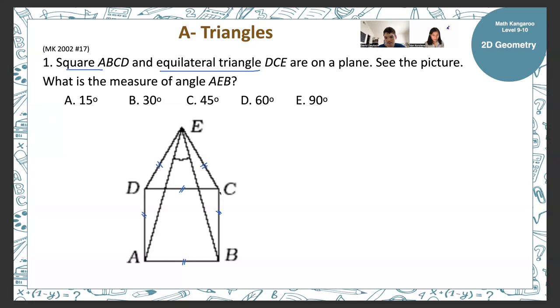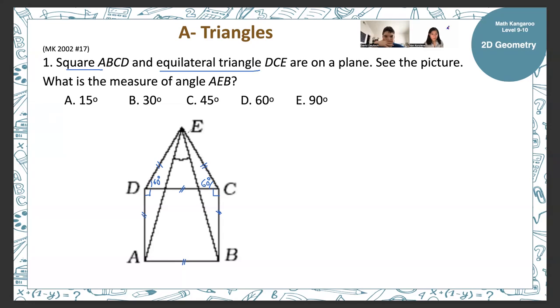And then I also want to mark, if you want to, all the angles. And this one, because it's equilateral, is 60 degrees. And here also 60 degrees.